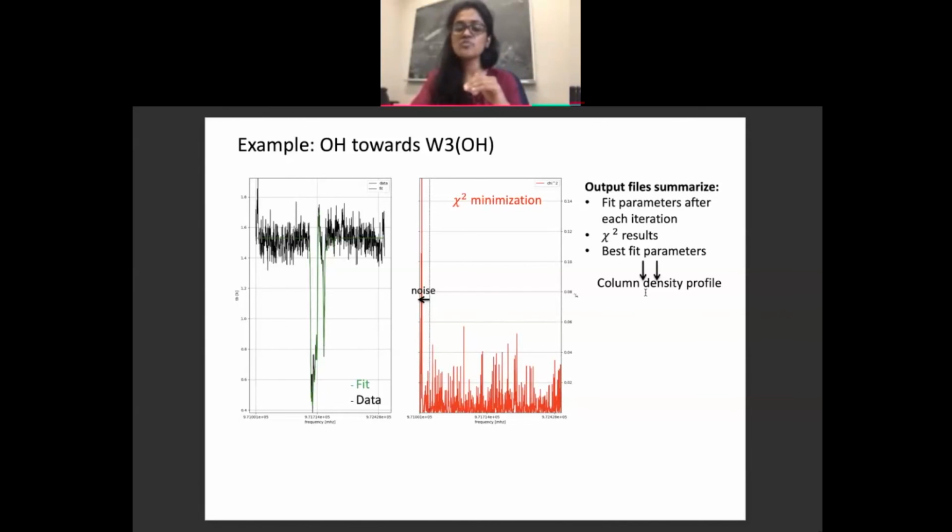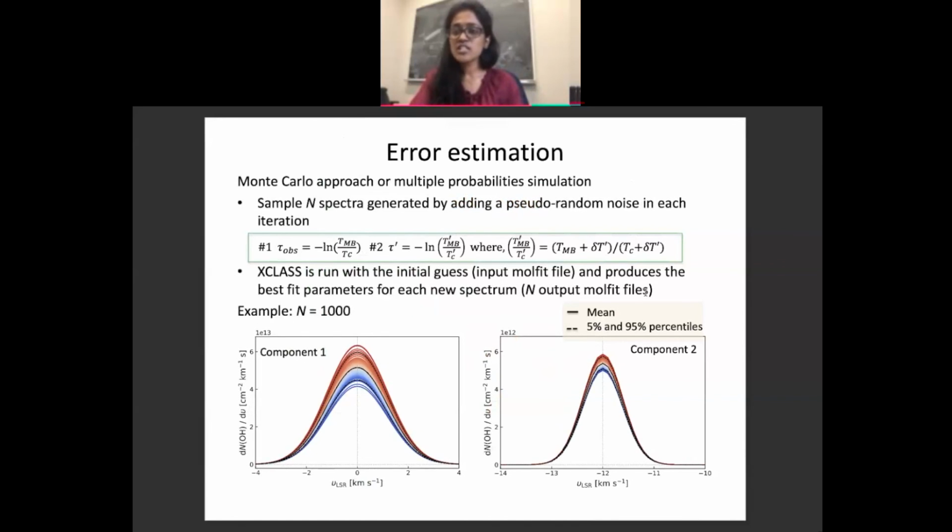Now, for species such as OH with hyperfine structure splitting, what X-class does is it weighs the contributions from each of the different hyperfine lines to model the total column densities. The column densities wouldn't make sense without an error estimate, especially for absorption spectra, because the errors mainly arise from uncertainties in the continuum temperature.